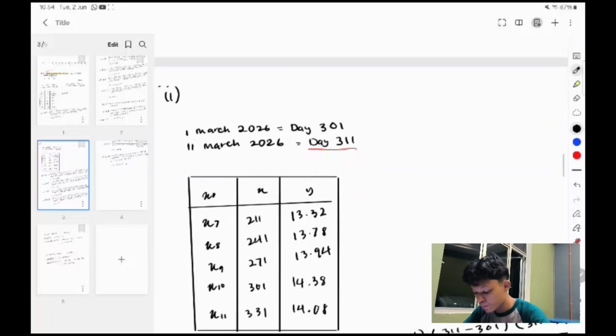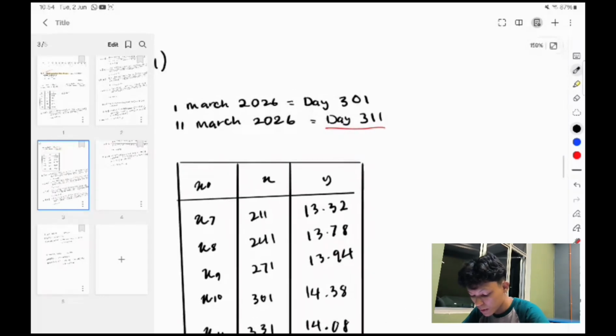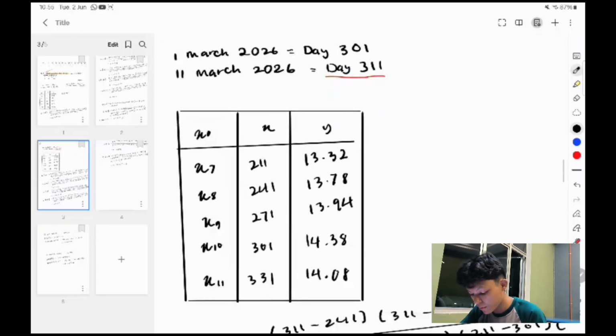And then for 11 March 2026, we assume that the day is day 311, which we start from 1 March, which is day 301, and 11 March will be day 311.